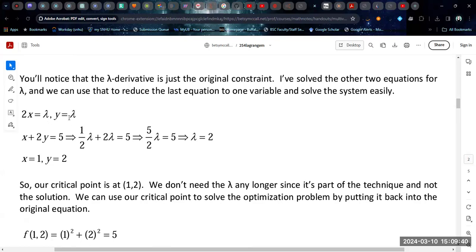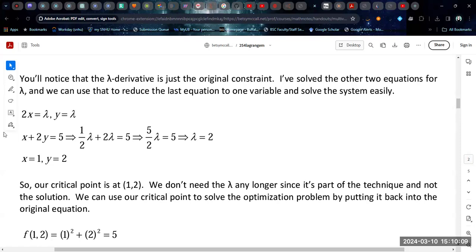So what I can do is create the second equation, 2x is equal to y, or I can substitute both of these into my constraint equation and solve for lambda. Now, in the end, the truth is we don't actually need lambda. If there's a way to solve this problem without solving for lambda, you can do that because we don't actually need the value for lambda.